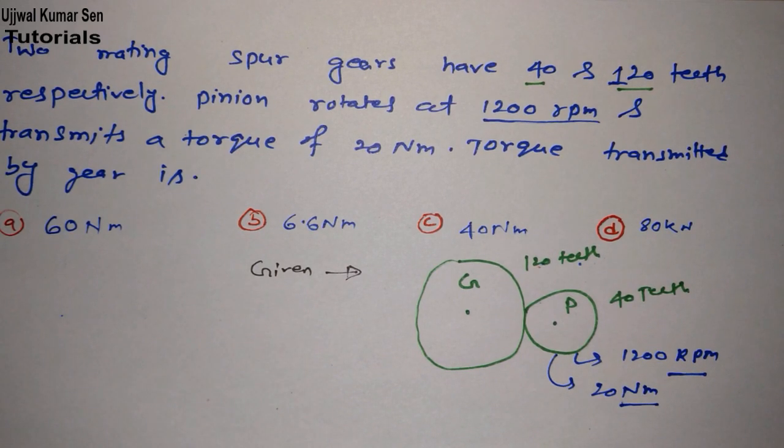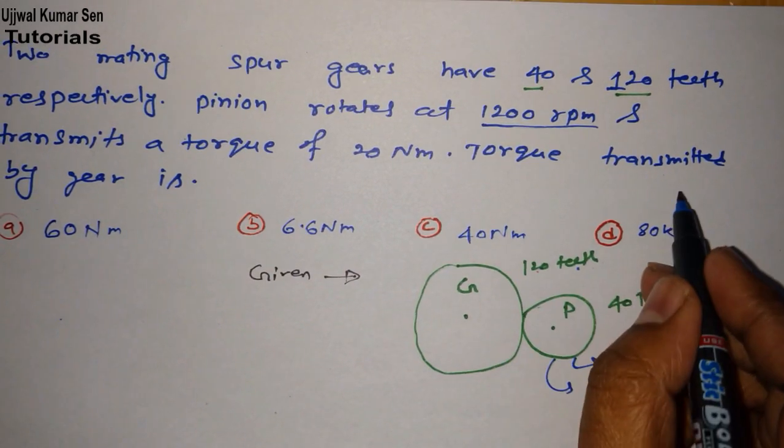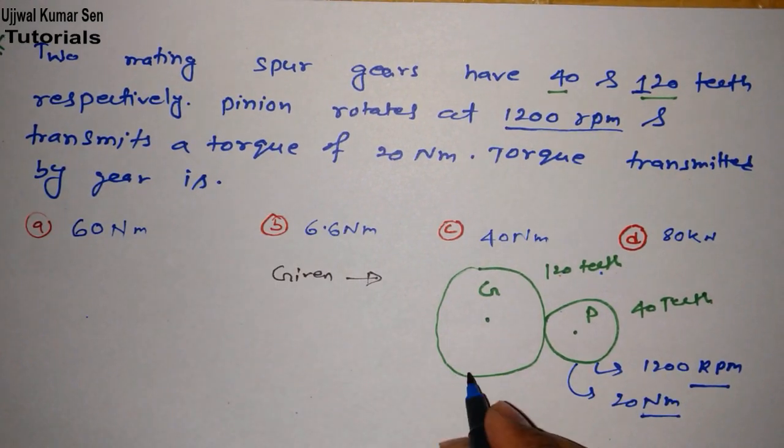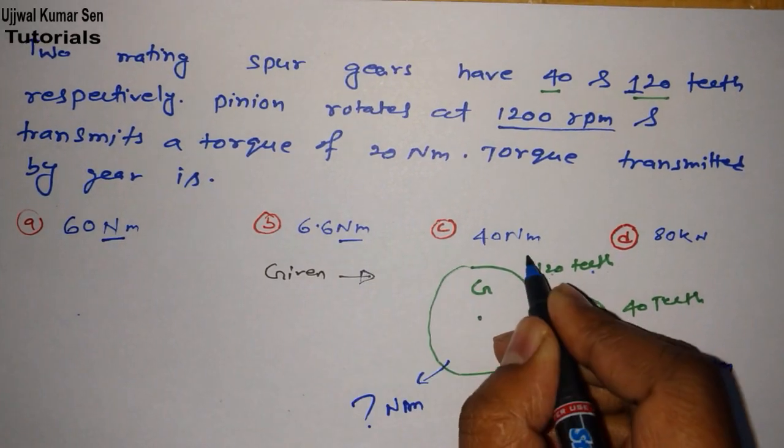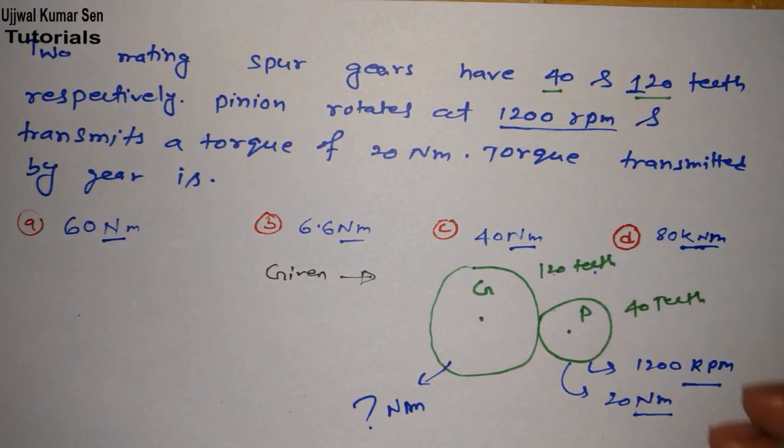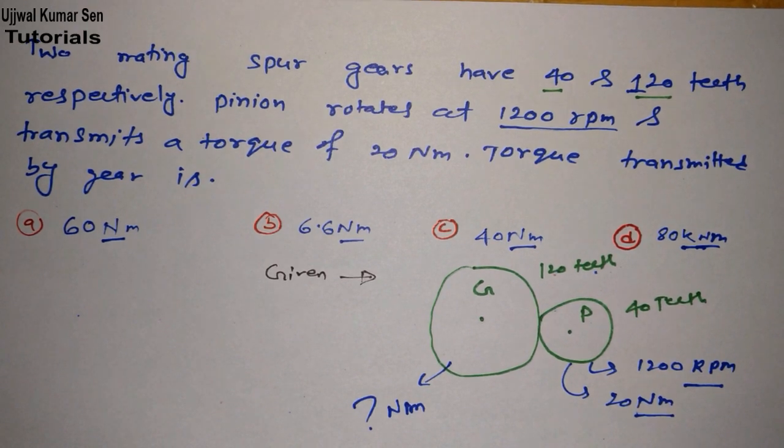Again, they have given these things in SI, except this one, because this is revolutions per minute. In SI we have seconds. So what we have to find out is the torque transmitted by the gear, so how many Newton meters we have to find out, because they have given all the options. Yeah, definitely kilo Newton meter.